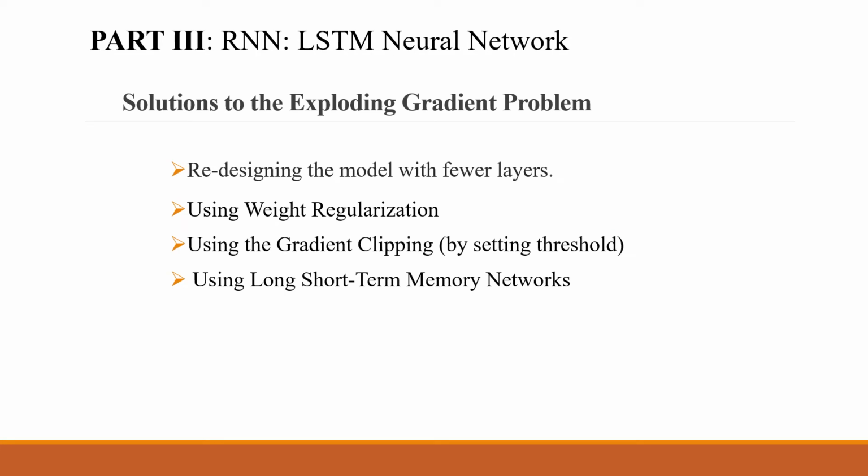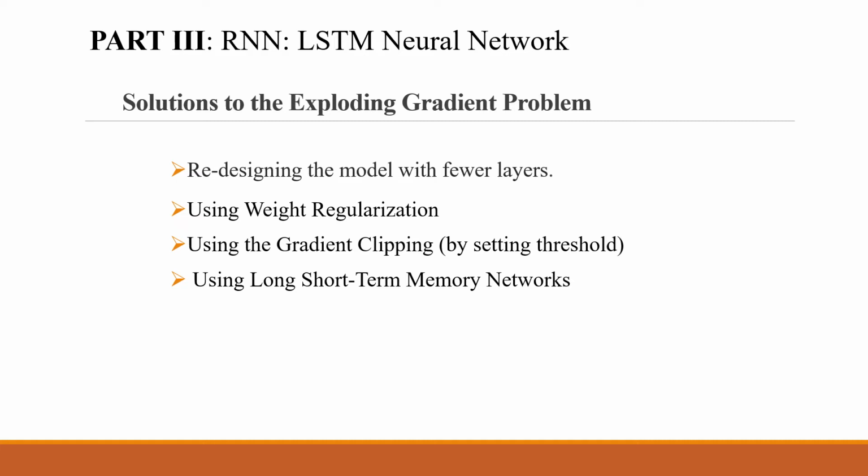Some of the solutions to the exploding gradient problem include redesigning the model with fewer layers. Here you just reduce the number of layers in your model. The second one is using weight regularization by imposing a penalty to the network's loss function for large weight values. The third one is using gradient clipping.